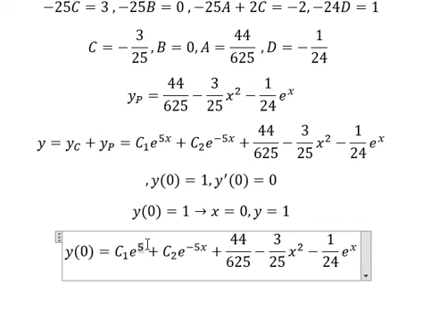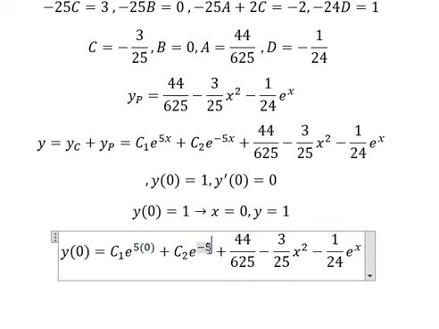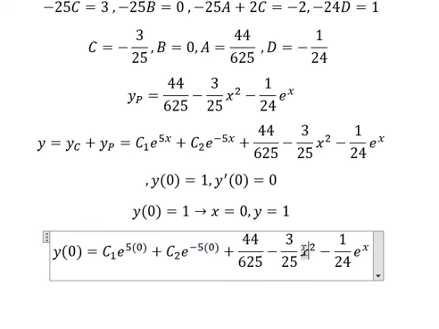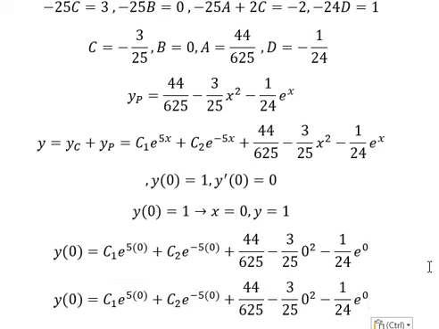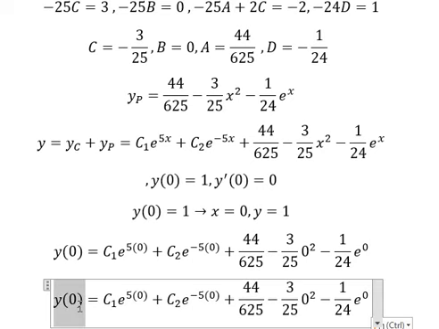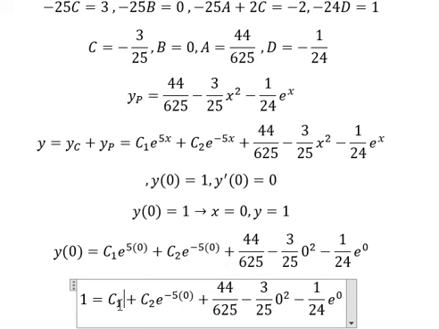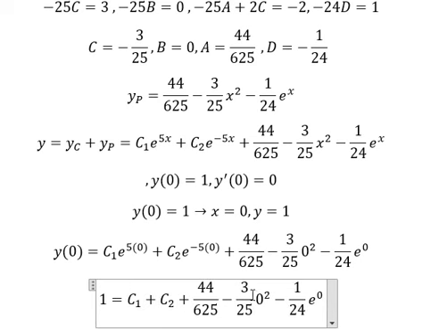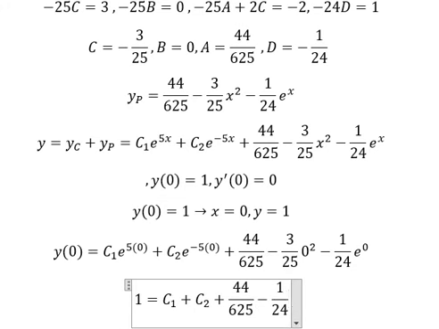So I will put 0 in here, here, here, and here. So if we simplify, this one we have 1, this one we have 1, e to the power of 0 we have 1, this one you got 0, this is about 1.